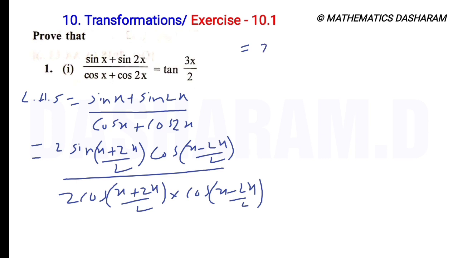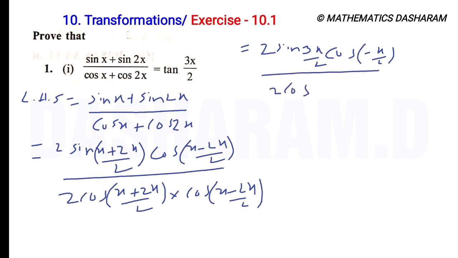So it is equals to 2 sin(3x/2) into cos(-x/2), divided by 2 cos(3x/2) into cos(-x/2).